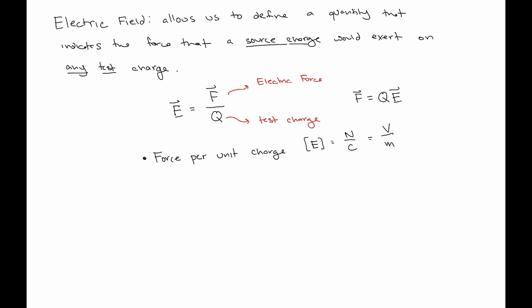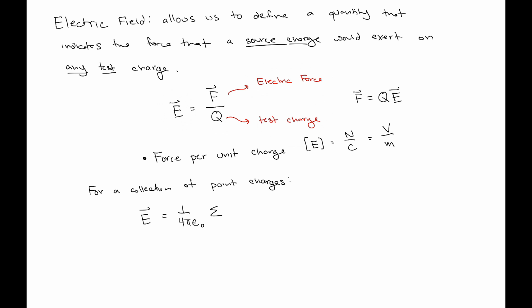For a collection of point charges, okay, so these are charges where we can assume all of the charge is concentrated at a single point, our electric field equation would look similar to Coulomb's law, but we're going to be missing one of the charges, so we still have this constant out front.